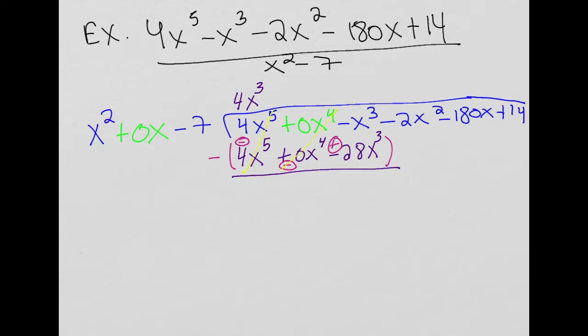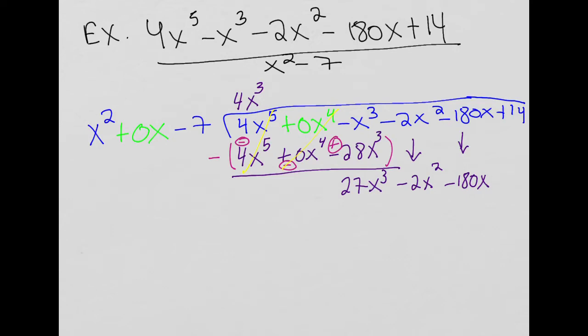The second one goes away as well. So then we're left with negative 1x cubed plus 28x cubed, and that's going to give us 27x cubed. Then we bring down the next two terms. We bring two terms because we want to have 3 here, since we have 3 here as well.